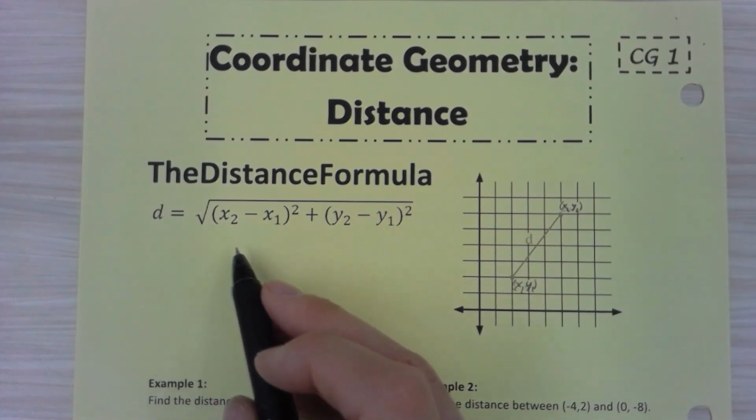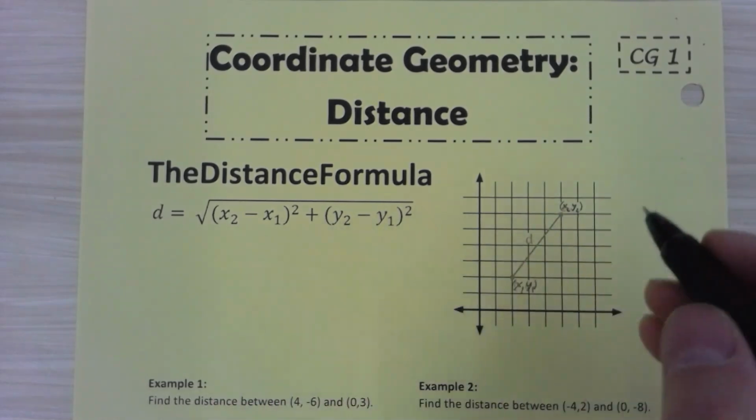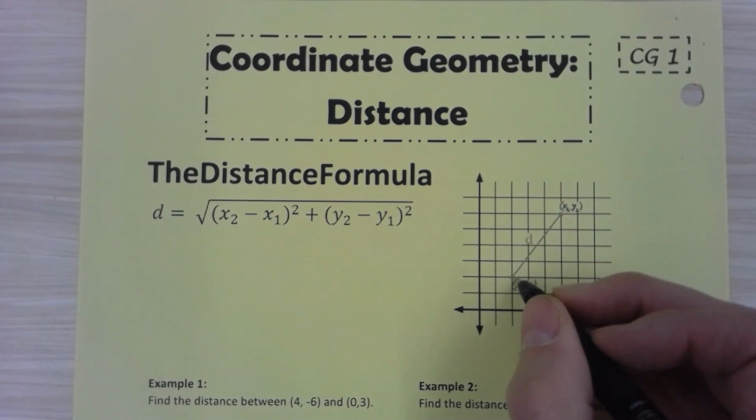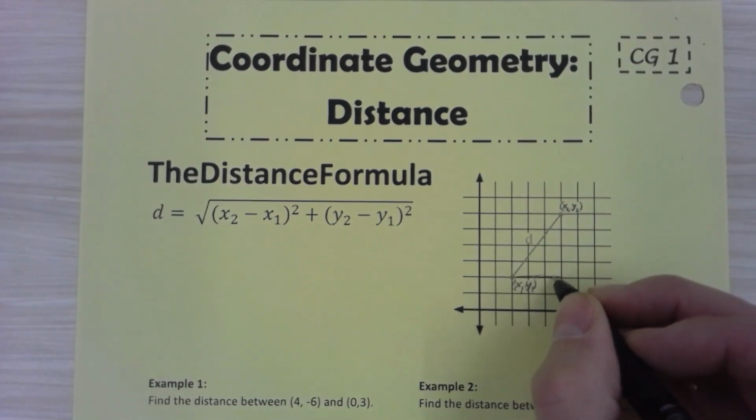Now, where this formula comes from derives from the relationship that sides have in a right triangle.